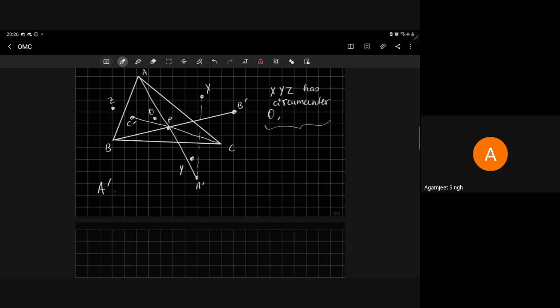So once again, reminding you, A prime is the reflection of A over P, and X is the reflection of A prime over BC. Similarly, Y and Z are defined.